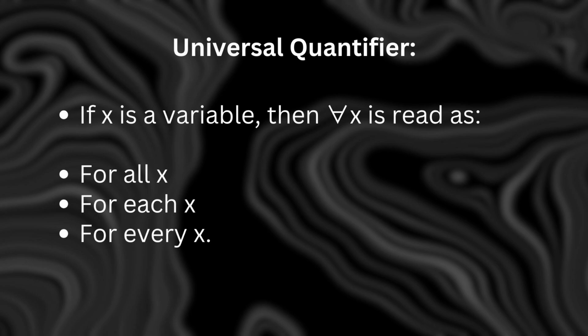For each x signifies that the statement is true for each individual x in the universe of discourse, and for every x means that the statement is true for every instance of x within the specified context. All three phrases convey the same idea that the statement following the universal quantifier applies to every element or instance represented by the variable x.